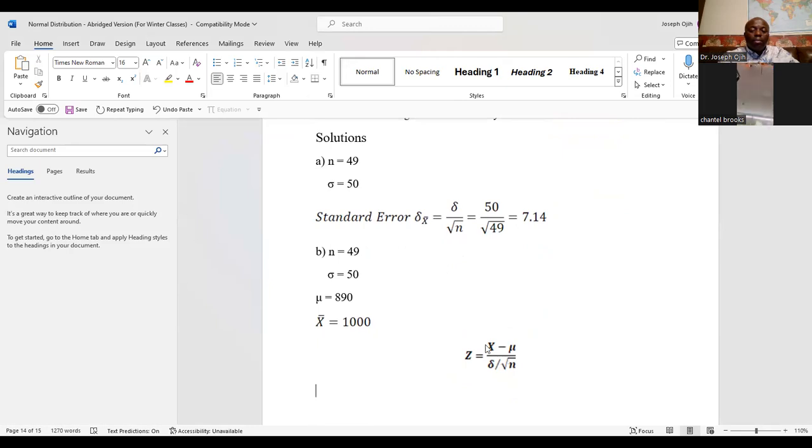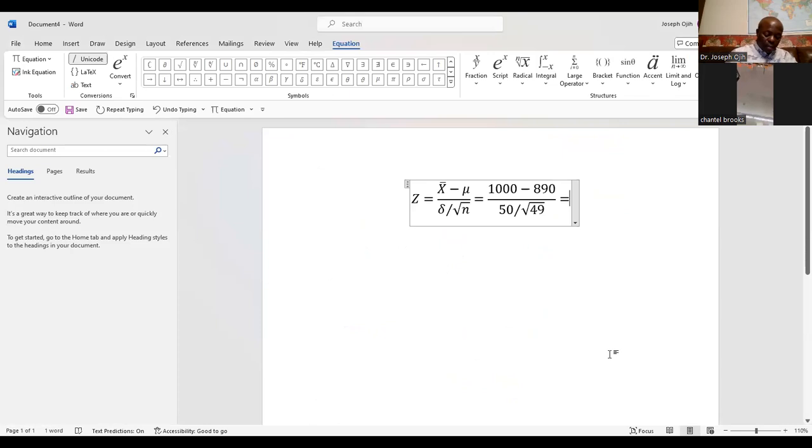So let us find the result from this transformation and calculation. Let me write it down: 1,000 minus 890 over 50 over root 49. Let's put it on the calculator.